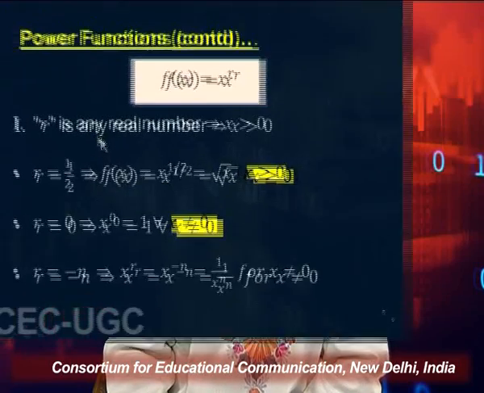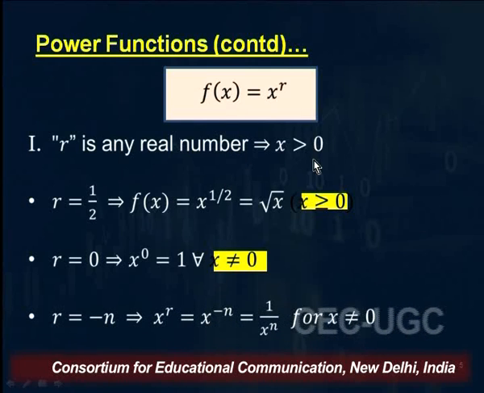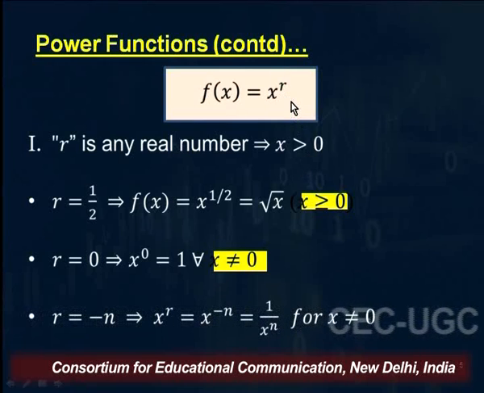So the first case here is, let us allow r, the exponent, to be any real number. Now, if r is any real number, then a power function is defined for all real numbers r, provided that x is strictly greater than 0. Here we have to have the restriction that x is positive, because there are many values of this exponent r.